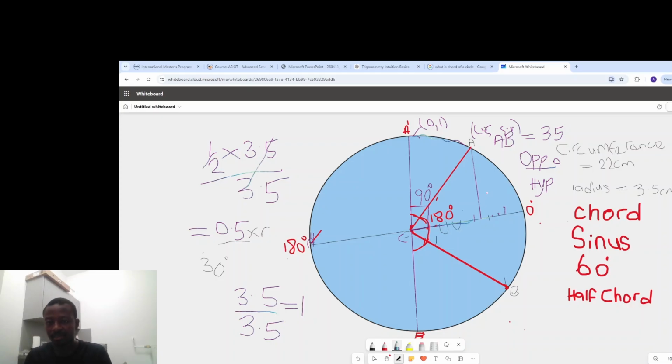And the physical meaning of sine is the up and down movement or the location of an object above the horizontal line.